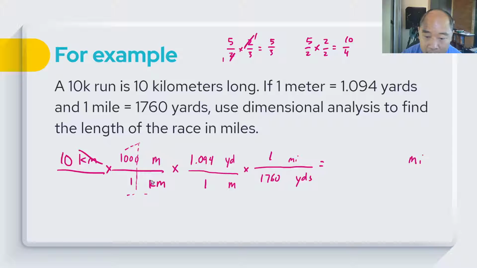Now our kilometers have canceled out, our meters have canceled out, our yards have canceled out, and all we have left is miles. So 10 times 1,000 times 1.094 is 10,940 over 1 times 1 times 1 times 1760.